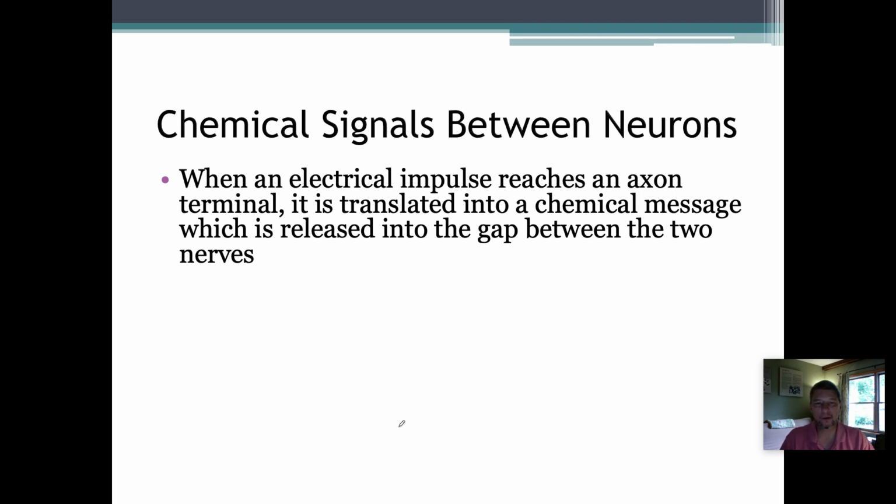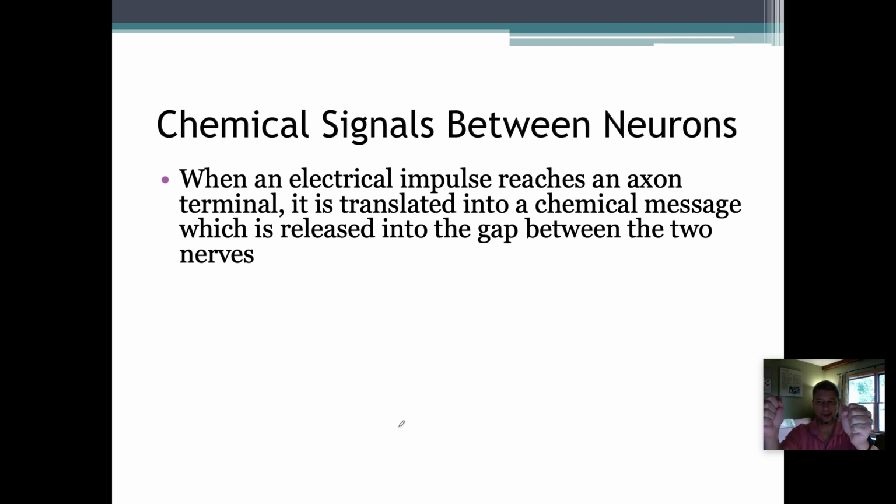the electrical signal cannot actually jump across the gap that exists between two neurons, for example. All right. And so when an electrical impulse reaches an axon terminal, it is translated into a chemical message, which is then released into the gap between the two nerves. Okay. So if you've got a neuron here and a neuron here, the electrical signal can't jump from here to here.